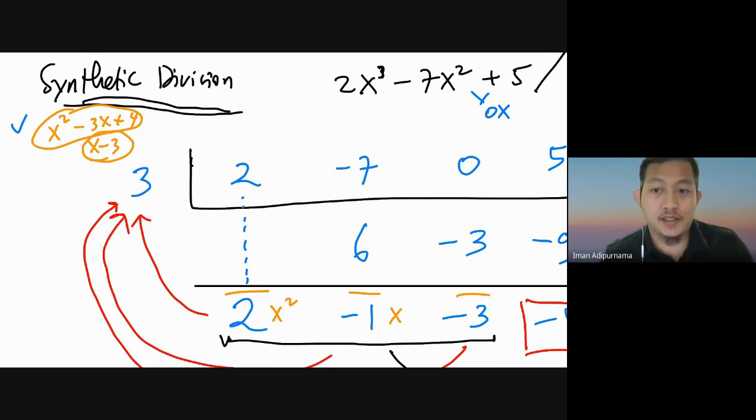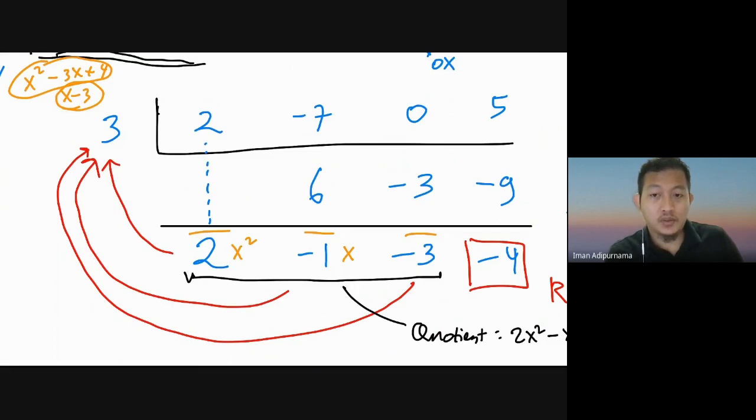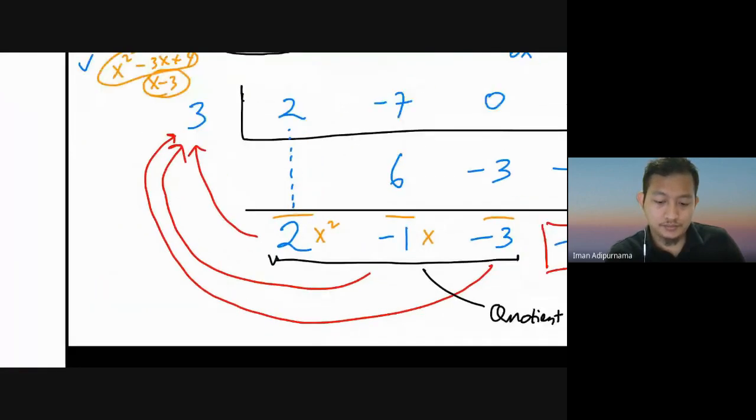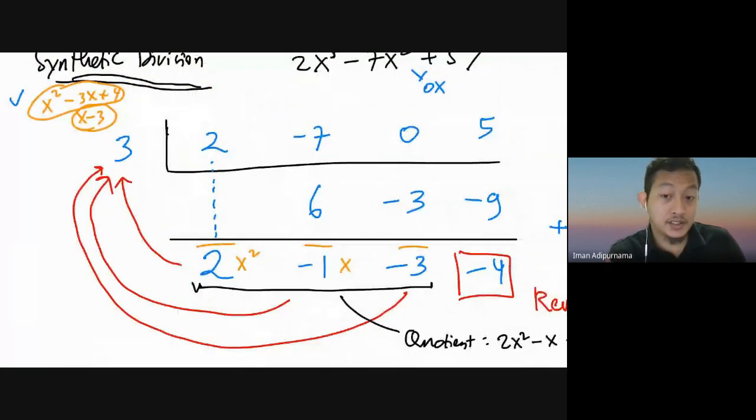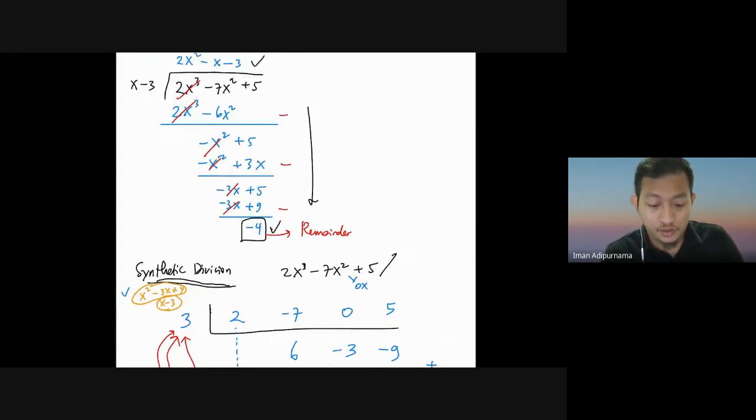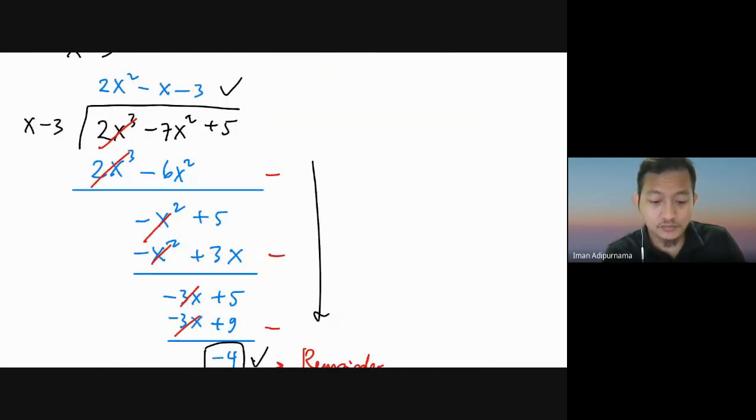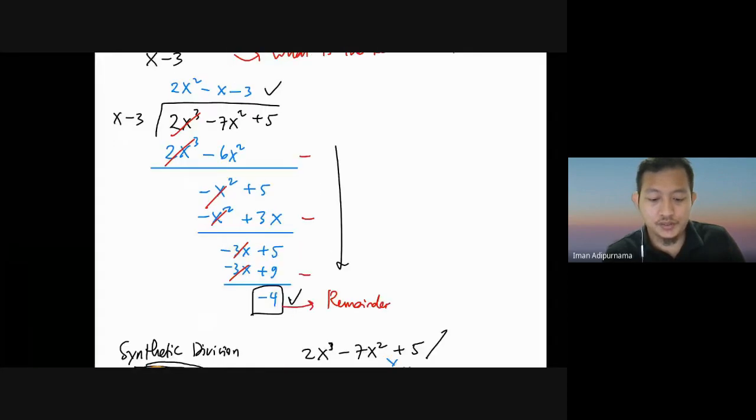Okay. And that way, I think you can make some strategy for which method you can use, right? If the divisor is just a polynomial of degree 1, then you can use synthetic division. But if it is more, then you need to use long division.